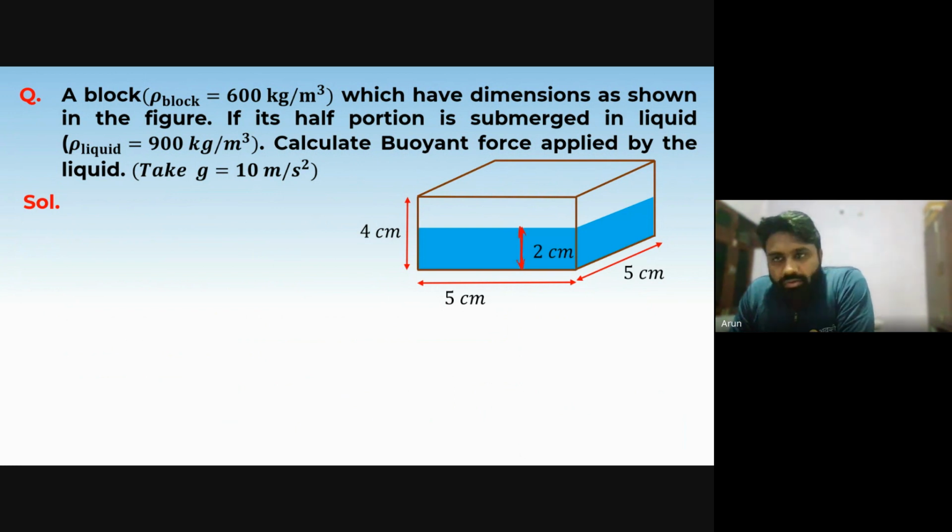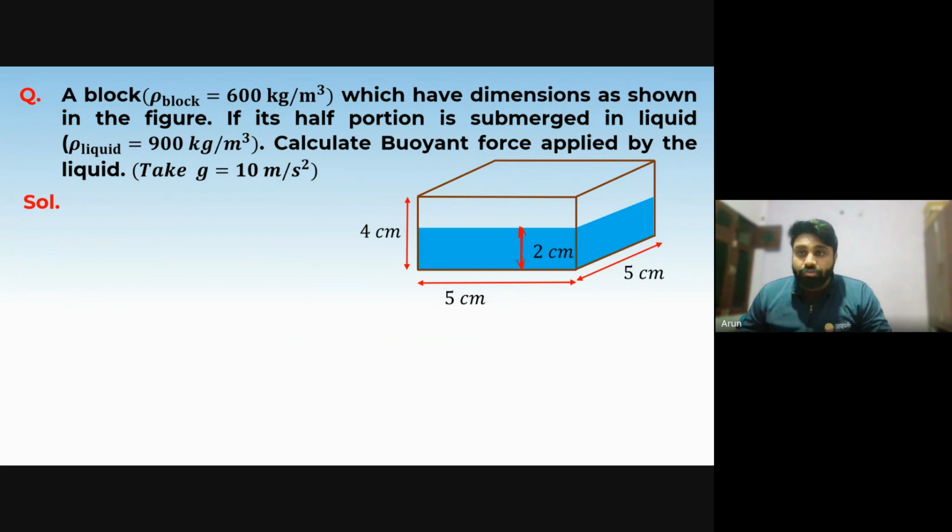Now, we know that buoyant force is only applied to that volume which is immersed inside the liquid. Suppose you have a ball and you have a bucket of water. If you do not put that ball inside that liquid, will you feel any kind of buoyant force?